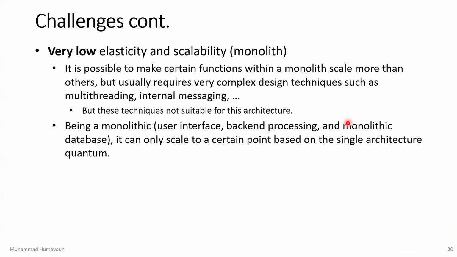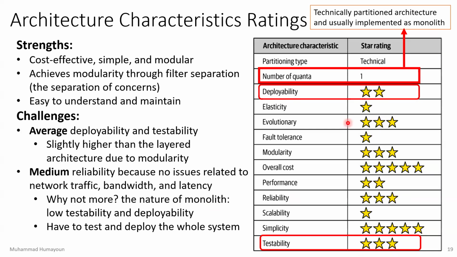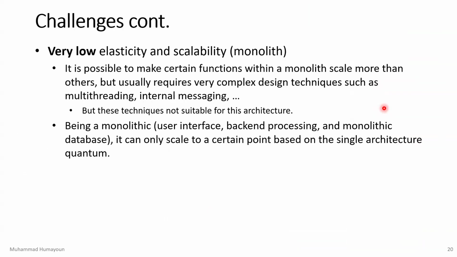So it scores very low on elasticity and scalability, as you can see here, 1 star and 1 star. It can't scale and it can't be elastic. If you give it a burst of requests that puts too much pressure on your module, it will crash.